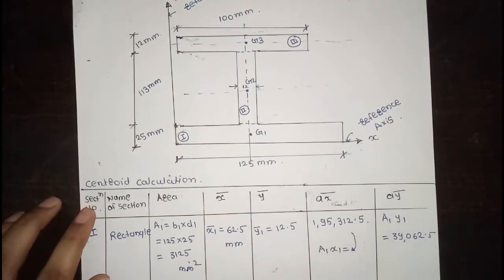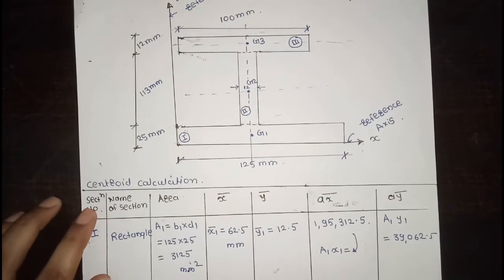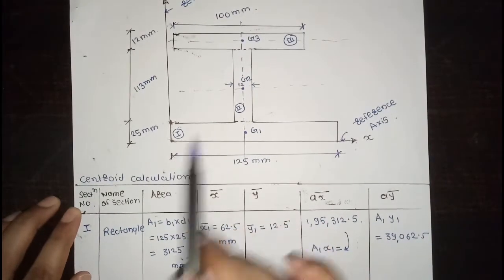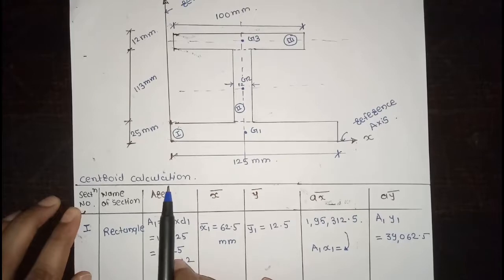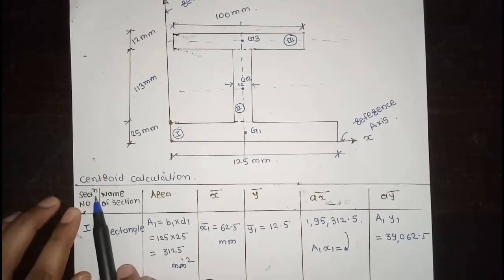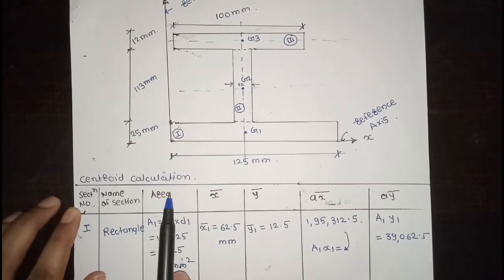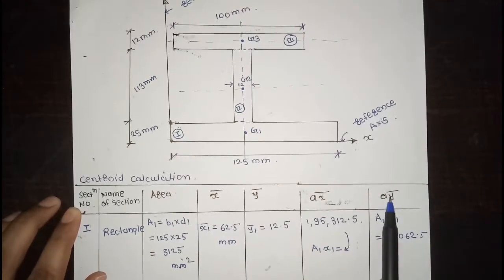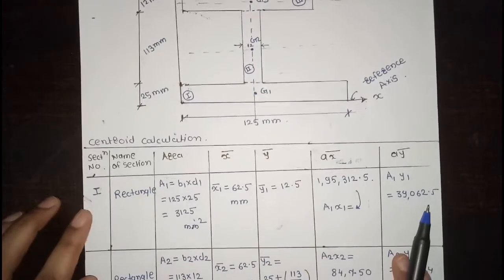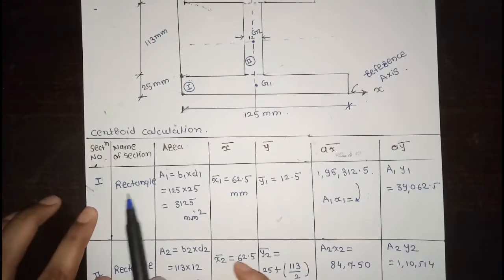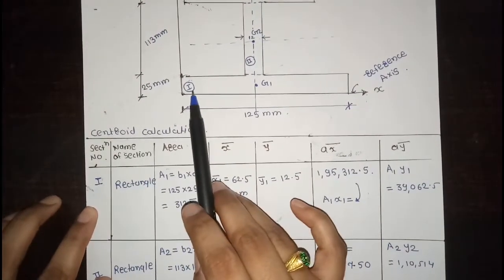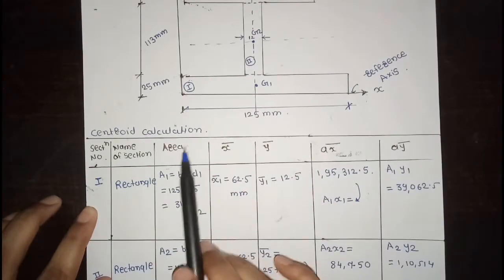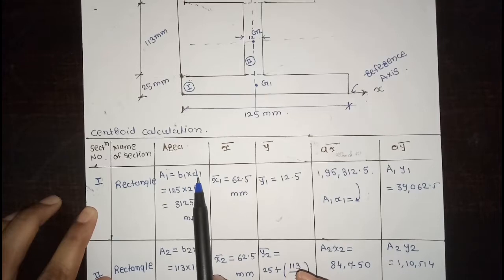So for the centroid calculation, what is the first section? Bottom section, right? In the table: serial number, name of section, area, x bar, y bar, a x bar and a y bar. The first section is a rectangle. The area of a rectangle is b1 into d1.